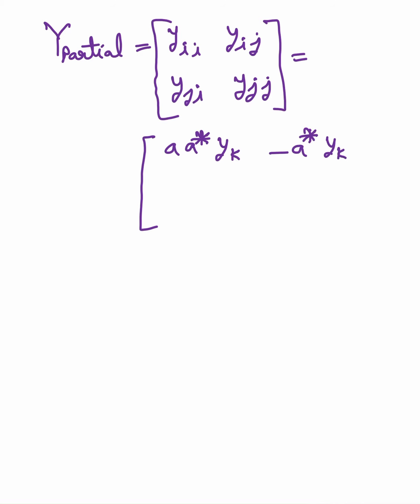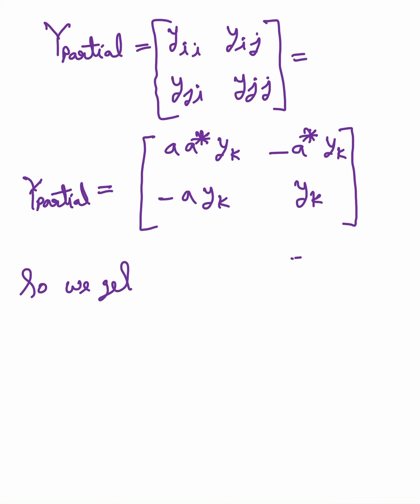Next, third term is for the value of Yji, that is minus a Yk, and Yjj, that is Yk. So that is the value of Y partial.